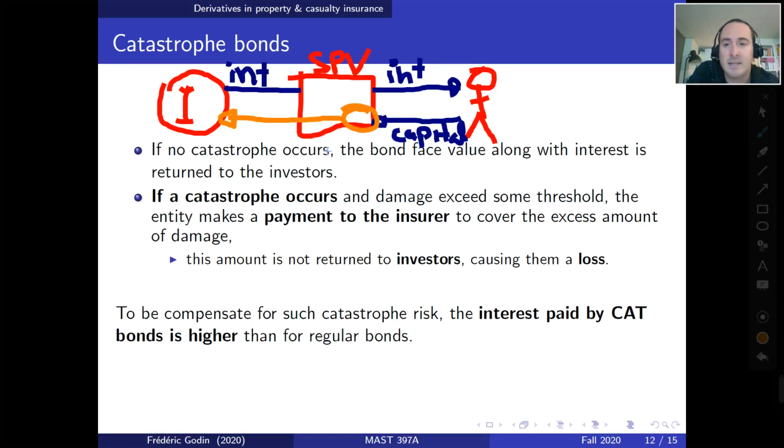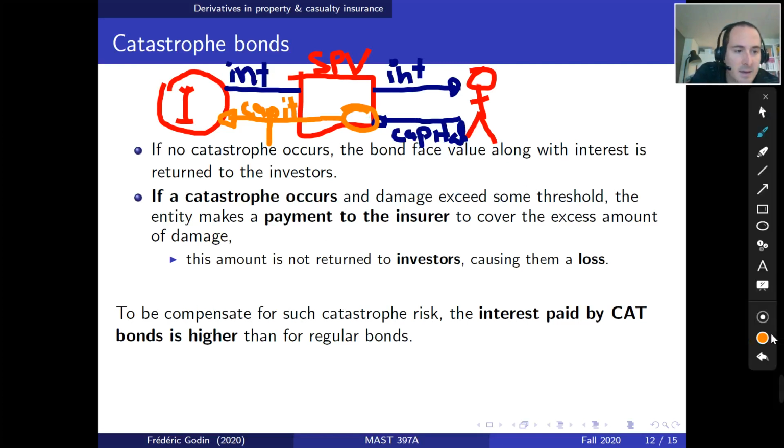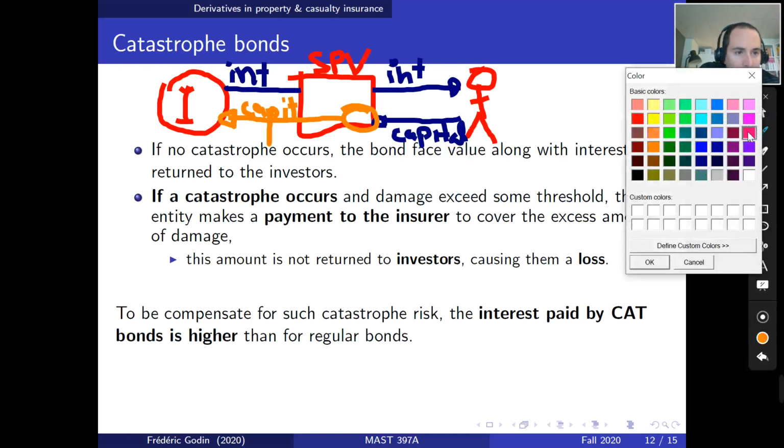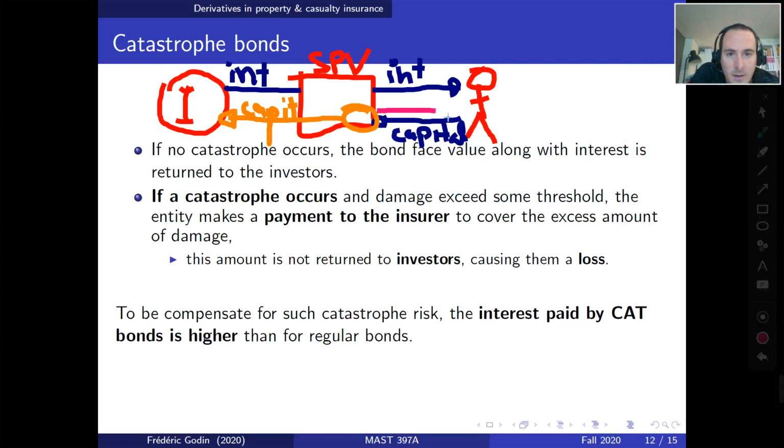Okay, so in that case, if there's a large damage, the insurer, yes, it will have paid interest payments, but it will receive a portion of the capital to cover some of the expenses related to paying policyholders. Okay, so in that case, at the end of the deal, the remainder of capital not paid to the insurer will be paid to the investor.